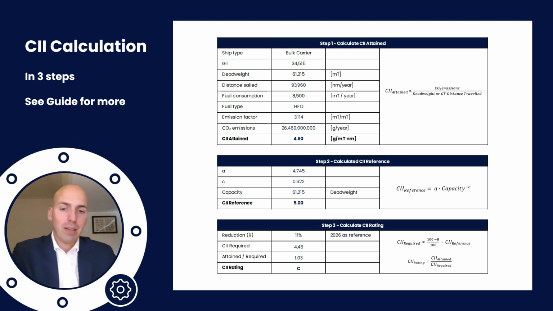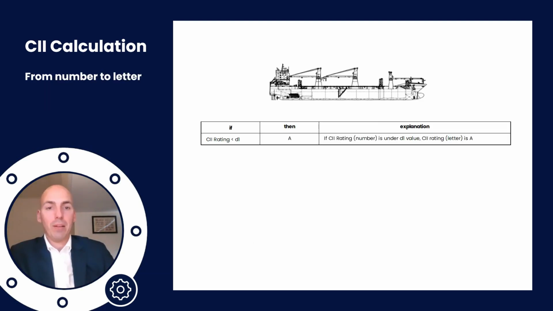So let's have a look at how you actually transform that number 1.03 into the rating, the letter itself, C. From number to letter, again taking Boaty McBoat phase, the bulk carrier as an example, it can be a bit tricky. Basically what happens is that your CII rating, the number that we just calculated, is compared with different, as they call it, D values.